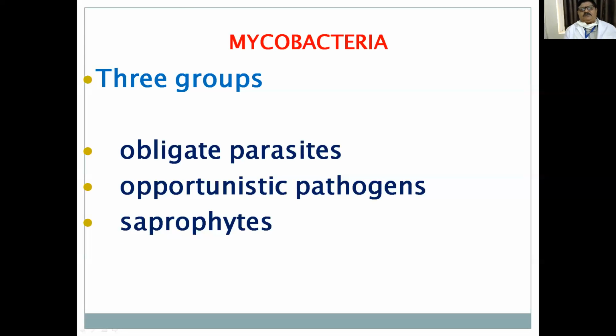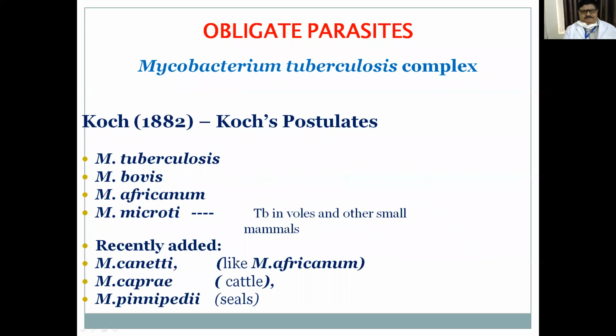So, three groups. They are either obligate parasites, that means they can live only in a host. Some of them are opportunistic pathogens, that is, given a chance, they will cause disease. Saprophytes available in the surrounding environment.